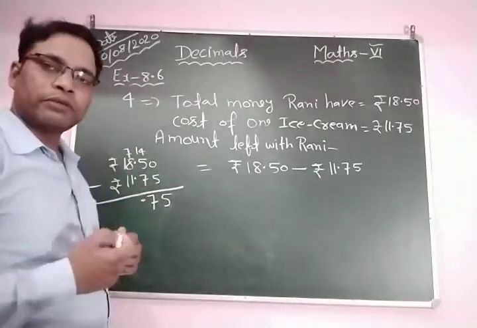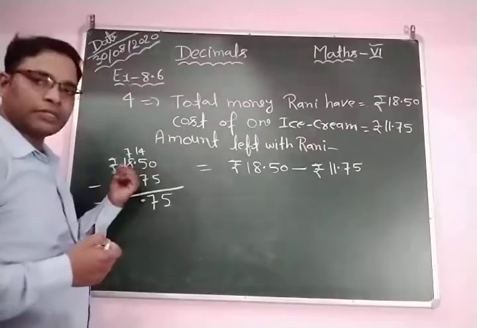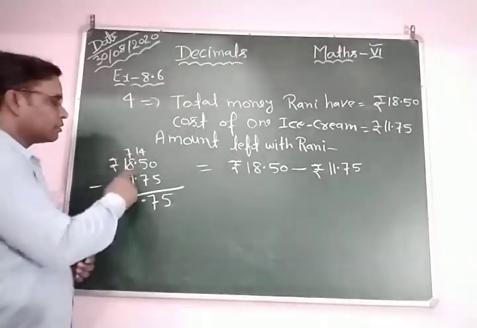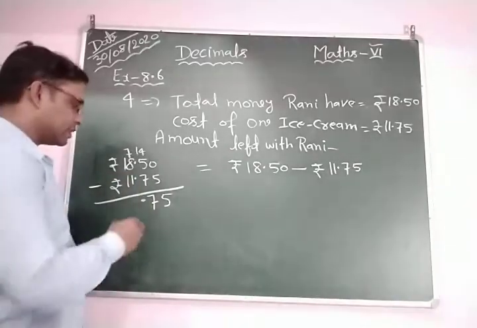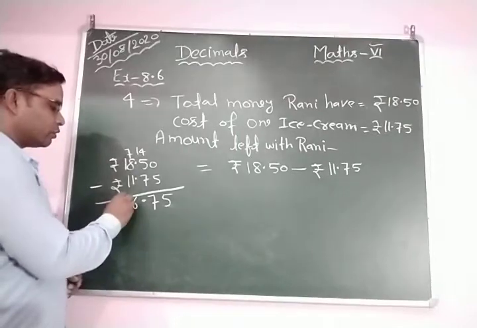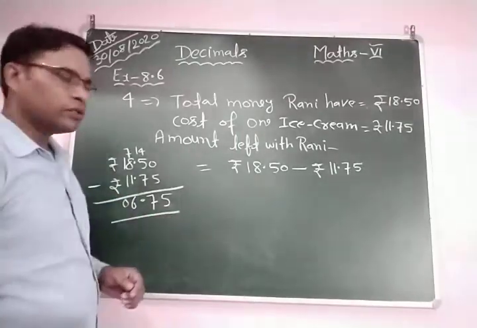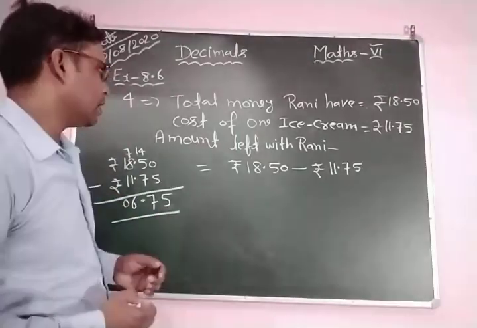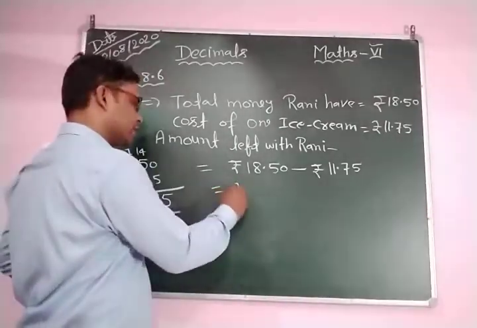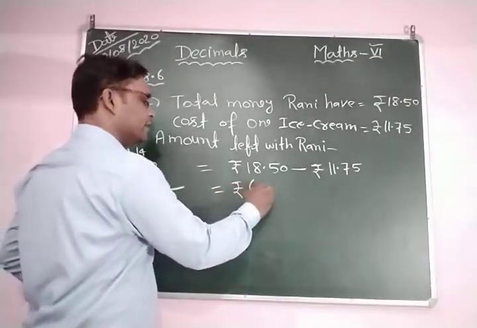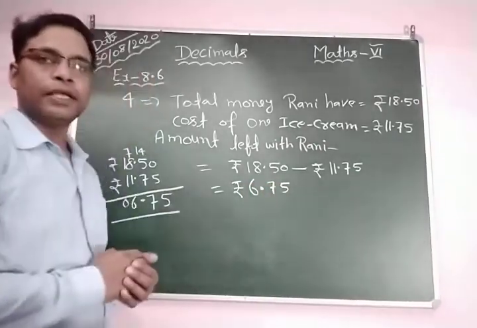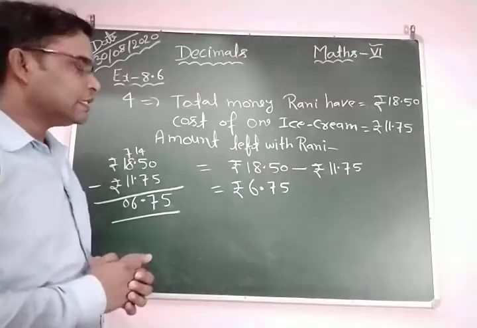Now this is 7, this is 1, so 7 minus 1 is equal to 6. After this 1 minus 1 is equal to 0. Clear? So you can say amount left with Rani is equal to rupees 6.75.